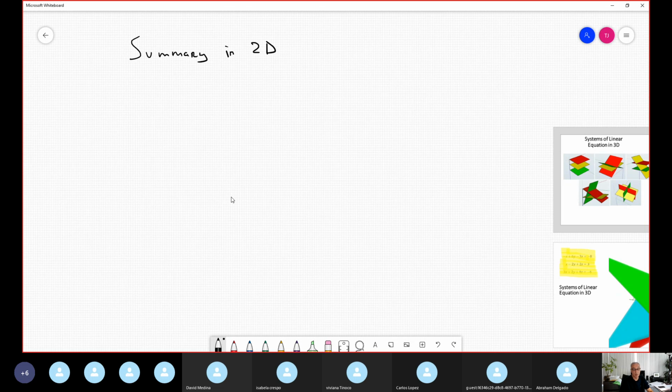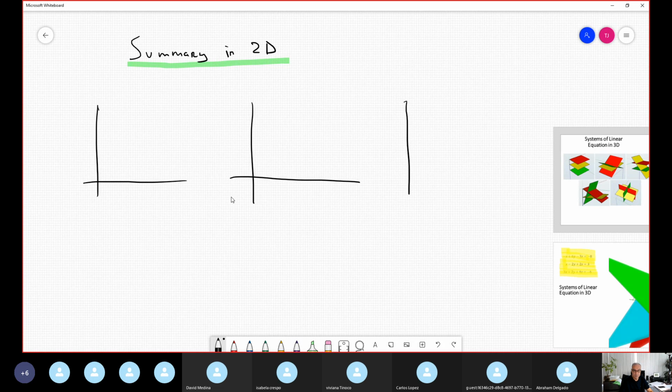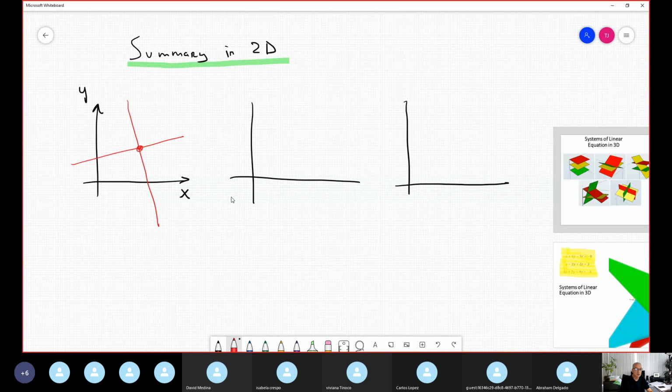Well, 3D is more complicated. We have three possibilities. The most common possibility is that you have two equations that represent two completely different lines, and we have a solution point here. This is one solution, a unique solution.